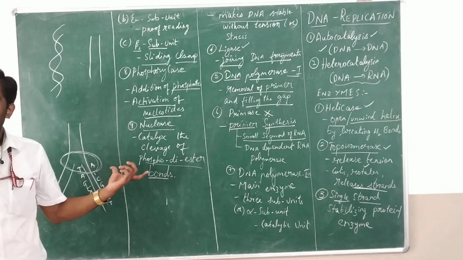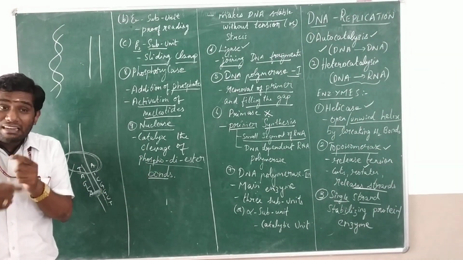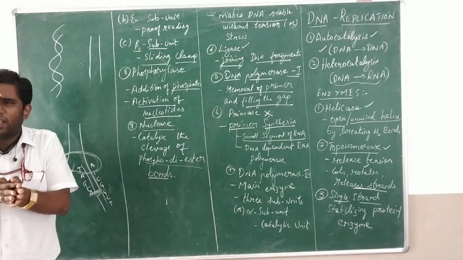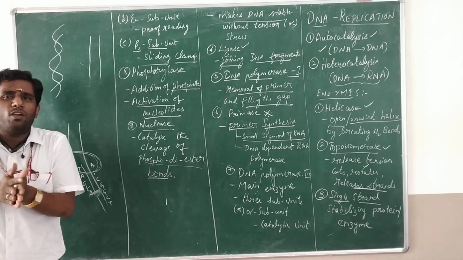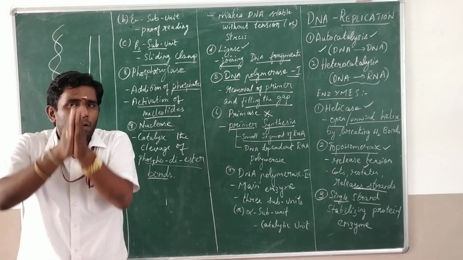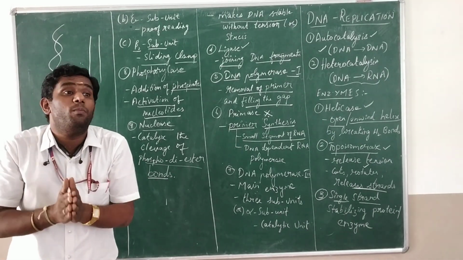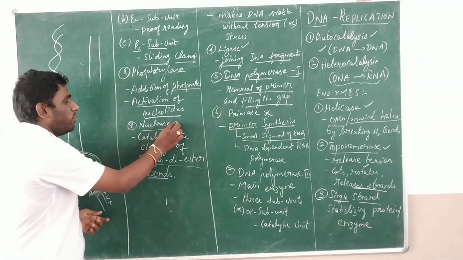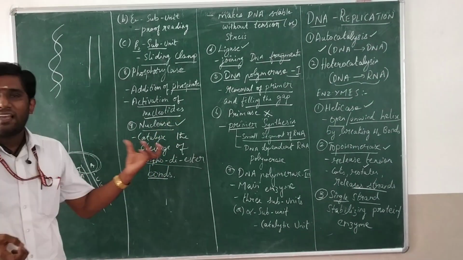For that phosphodiester bond, it's a cleavage, which means it should stick together completely. There should be no disturbance there, zero tension. Only then will a proper molecule be formed. Otherwise, the molecule will be highly unstable. So to generate that kind of molecule, nuclease finally acts in that process.